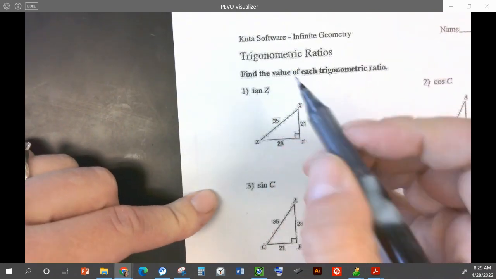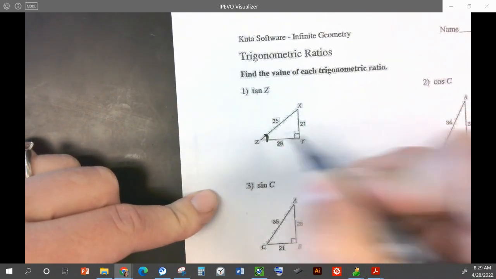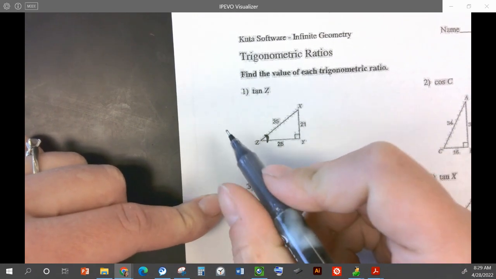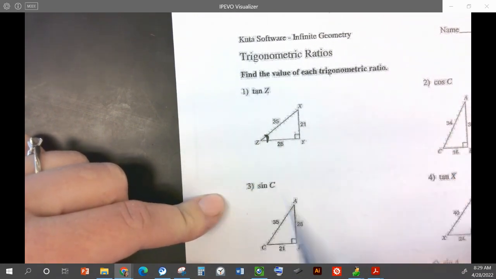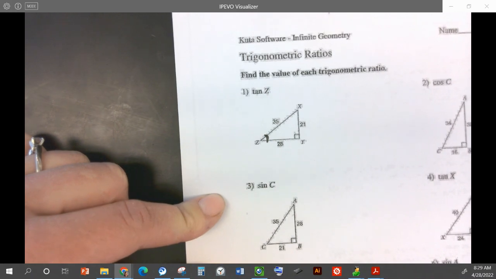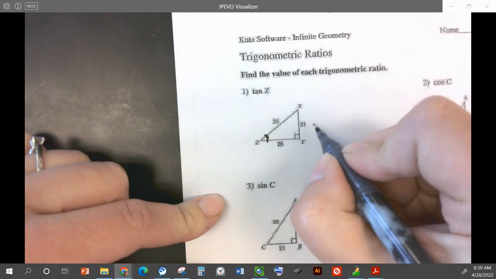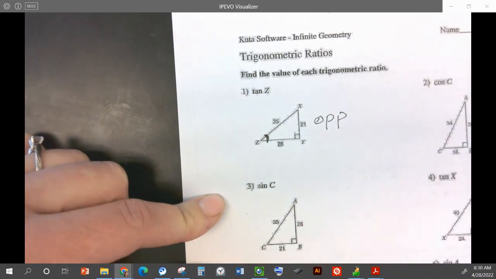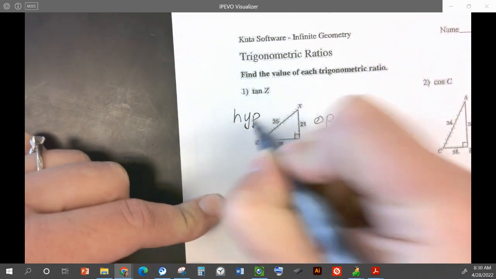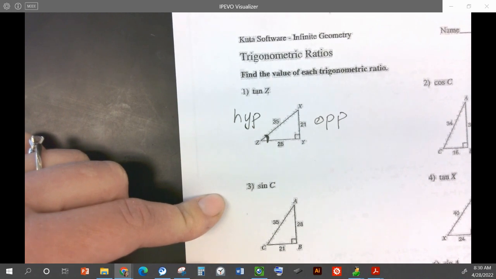So we're going to mark our angle, z, and then we need to label the sides. So which side would be the opposite of z? Good, this one's opposite. Which one is the hypotenuse, the longest side? Good, very good. Which one is adjacent?